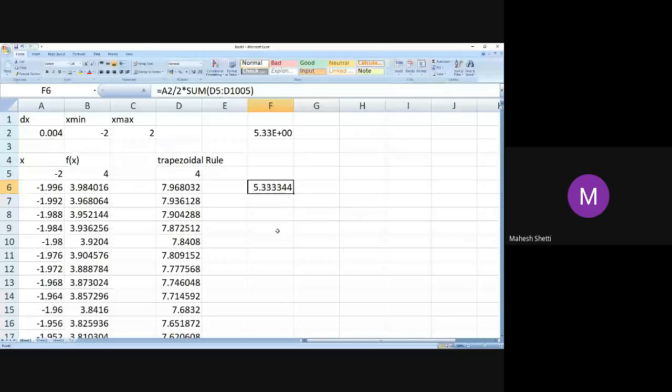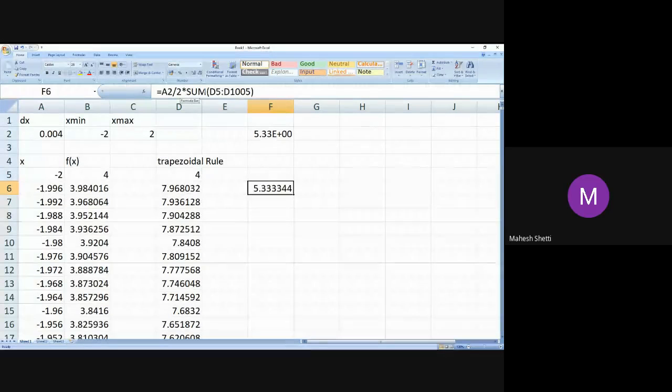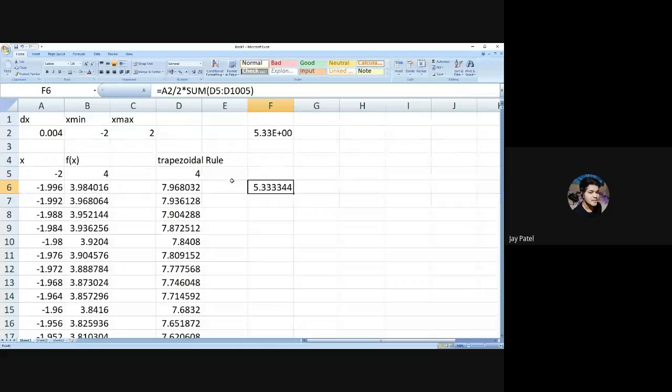Sir, above in your function test, it is A2 divided by 2 into summation from D5 to D1005. I'm not getting that. The summation should be in the numerator, then why is it in the denominator? It is in the numerator only. But I have multiplied, and you did not need to keep the brackets. The moment I keep the bracket, it will go in the denominator.